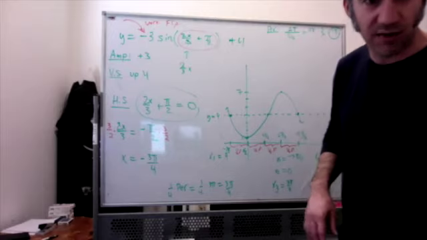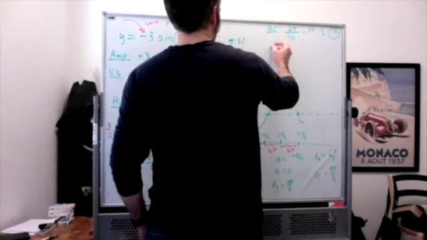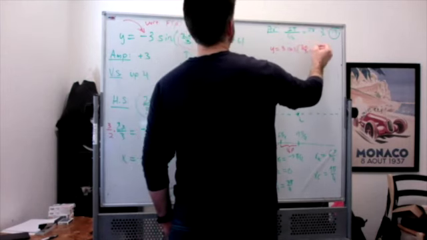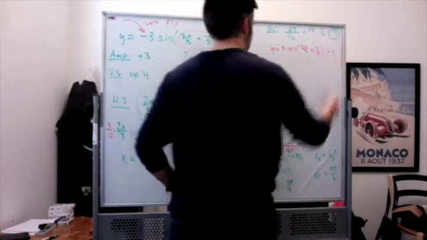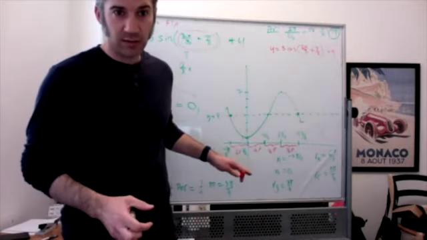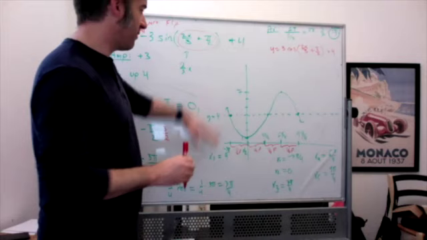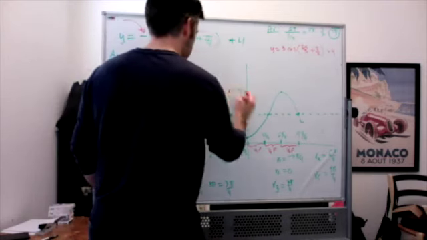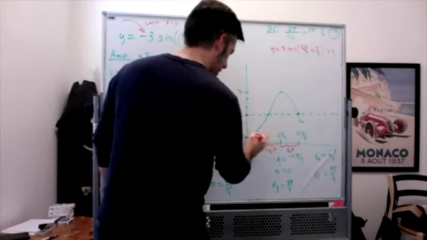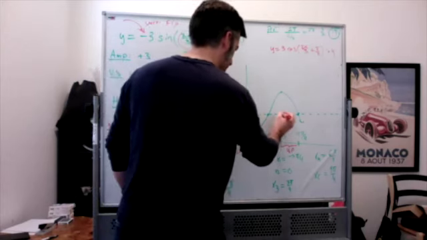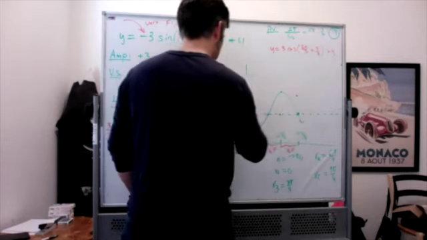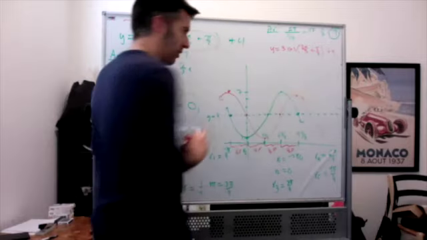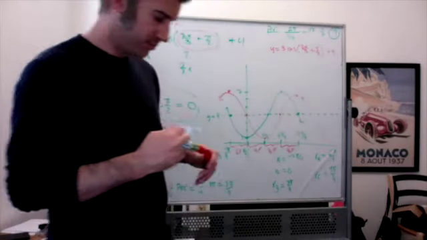On the other hand, if it was the same graph but cosine, if we were doing y equal to 3 cosine of 2x over 3 plus pi over 2 plus 4, you'd have the same x values. You'd have the same y values, except cosine starts not in the middle. Cosine starts high, and then goes middle, and then goes low, and then back to the middle, and then back to the high. That would be the cosine version of the same graph.